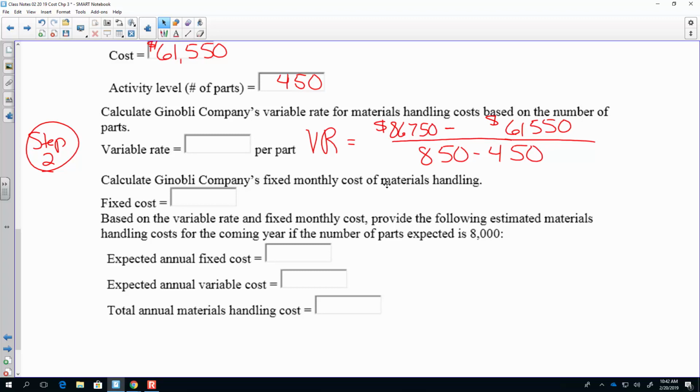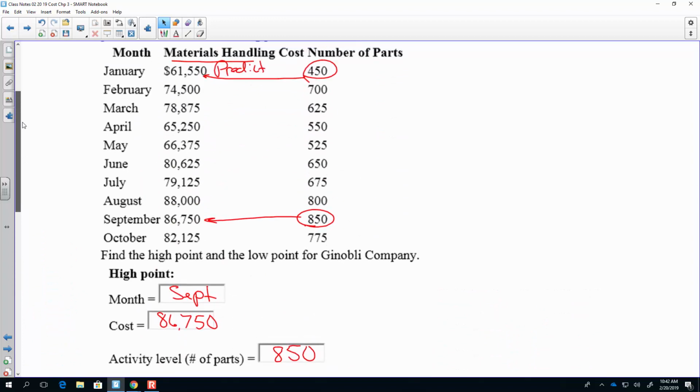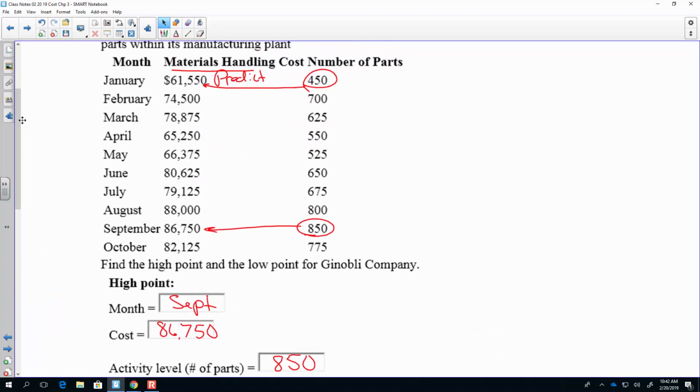I think it's $88 per part? No, I mean 88,000 is the high. No, 86,750, because 850, the number of parts, is the highest. That's the high. Yep, very good.